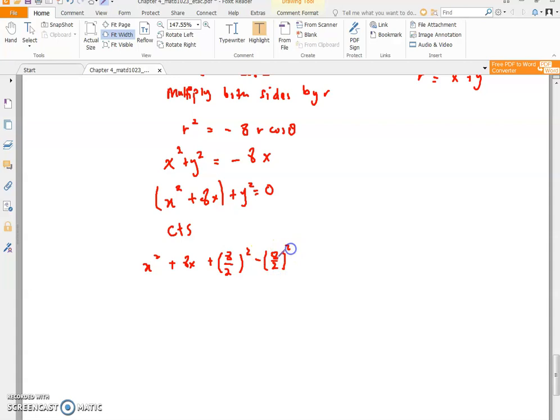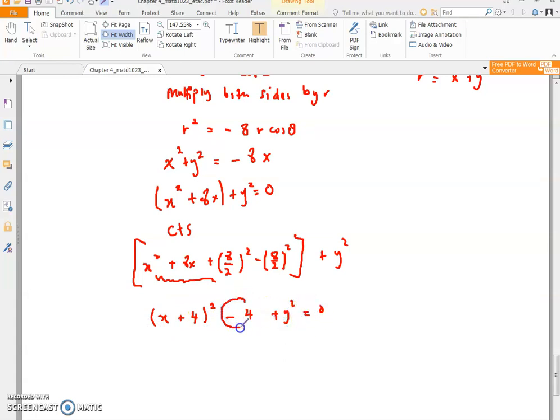You can refer back to our Mathematics 1 on how to do completing the square. Plus y squared. For the first three terms, you can factorize it, where 8 divided by 2 will be 4. So you are going to get (x plus 4) to the power of 2 minus 4 plus y squared equals 0.